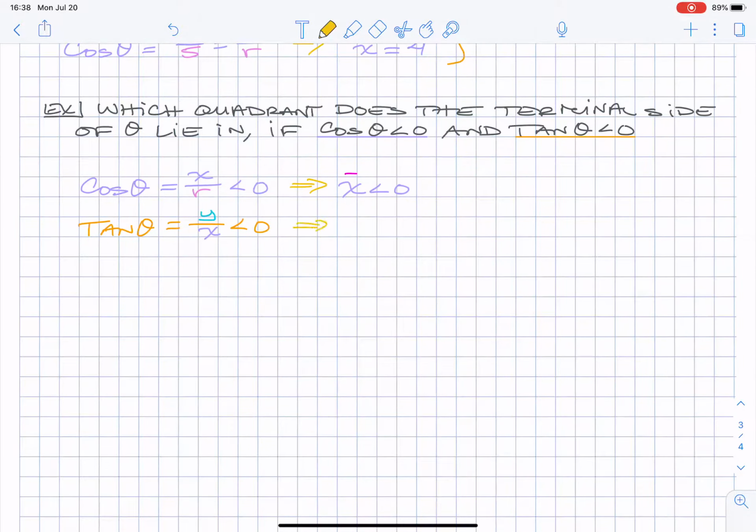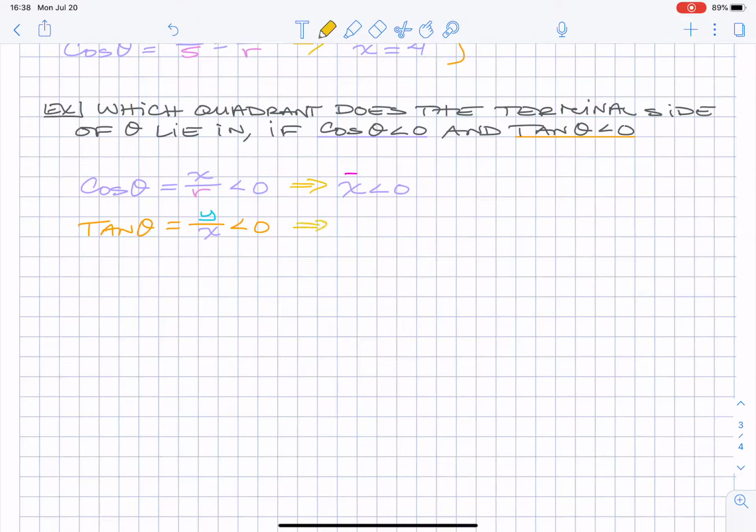Okay, so let's note something. Let's do sine. No, we'll do cosine in purple. Yeah, I've already used it. Okay, so cosine of angle theta in quadrant 1 would be positive, right? Because it's x over r.